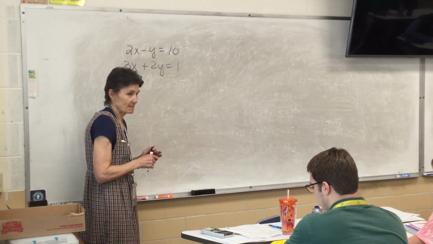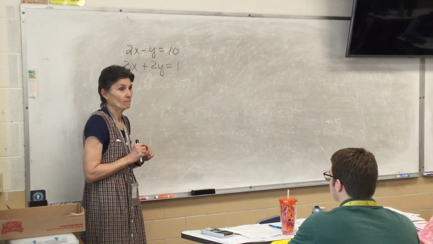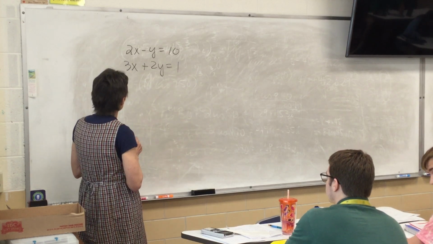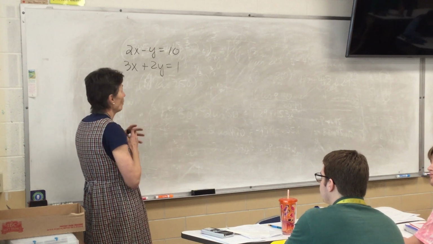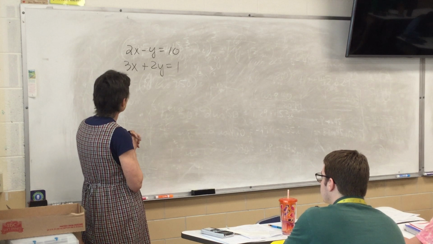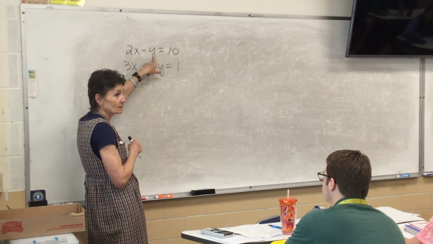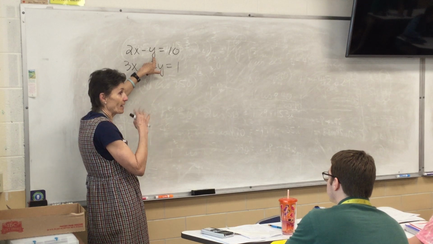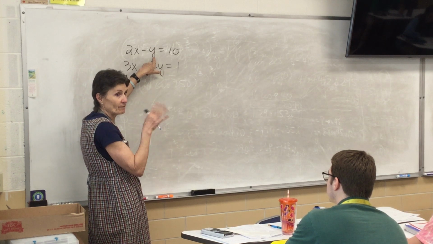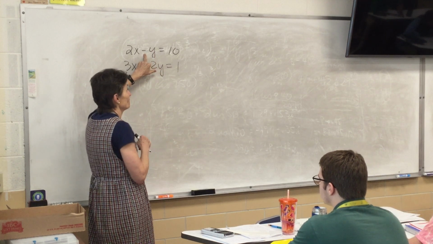What does that mean? Well, Ben just told us. He said isolate a variable. Get a variable by itself. Doesn't matter which one you get by itself, but please get it by itself carefully. I would probably get this guy by himself. I don't like dealing with fractions, and so if I do that, I won't have to deal with fractions, but I do have to be careful there's a negative in front of it.